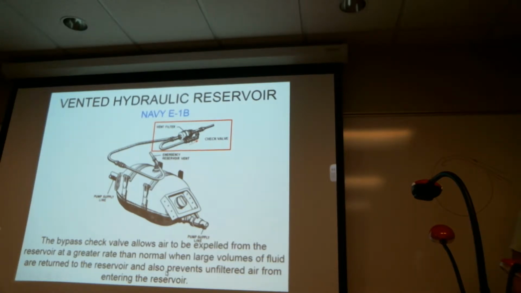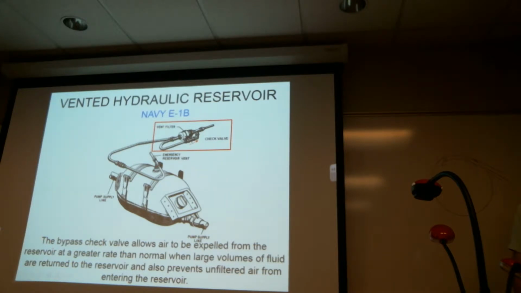You have to understand that in the operation of the aircraft, if a lot of fluid is returning to the reservoir, the air cavity above that fluid would potentially be pressurized and would impede the flow of return fluid. So we install a check valve that gives air that would possibly be trapped in the reservoir an additional escape path.